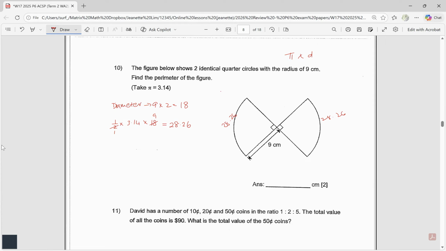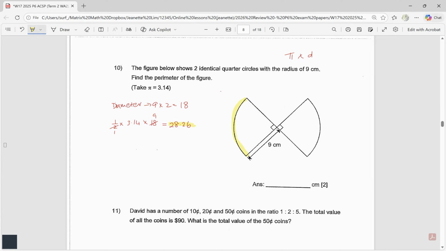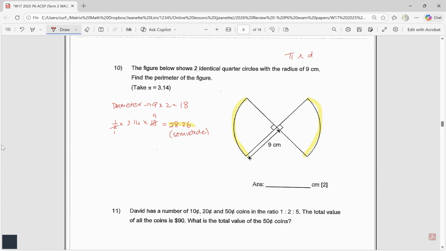Okay, so, sorry, that one is the semicircle, so it shouldn't be 28.26. The combined one should be 28.26. So this will be this and this. Okay, semicircle. Let's indicate here semicircle. Now you add all the straight lines.